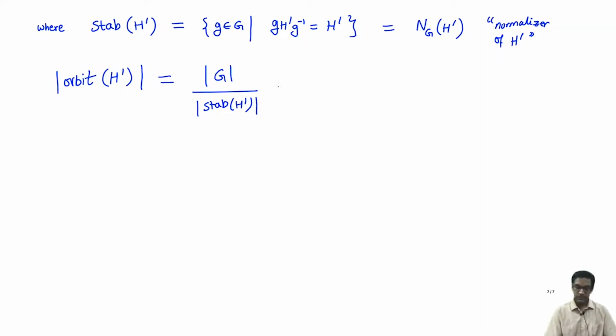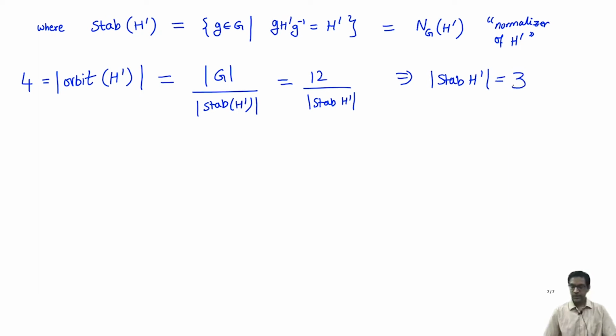In this case we know the cardinality of the orbit. The action is transitive, so all 4 Sylow subgroups are in the same orbit. If I start with any H prime and apply the conjugation action, I get all the other 3 Sylow subgroups. So the orbit is the entire set X, with cardinality 4, and the cardinality of G is 12. From this I conclude that the stabilizer of H prime must have cardinality 3.